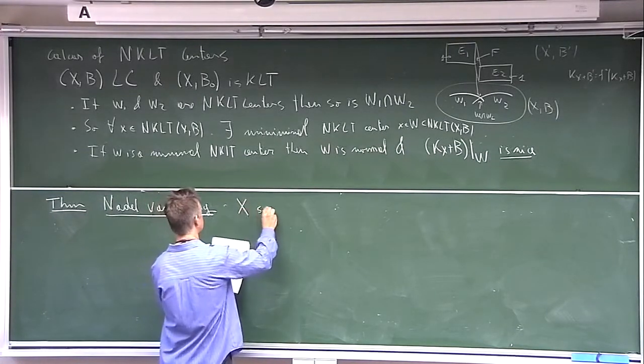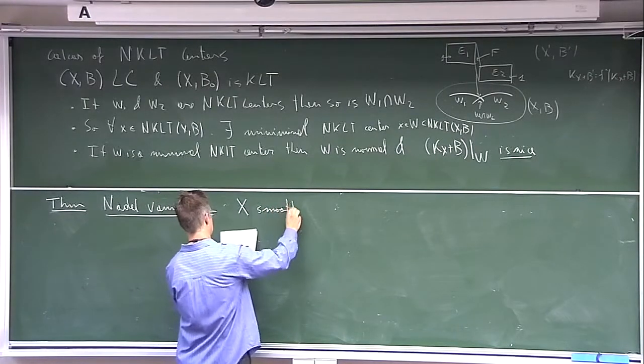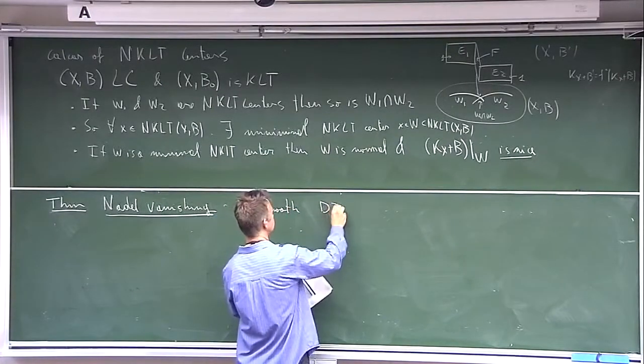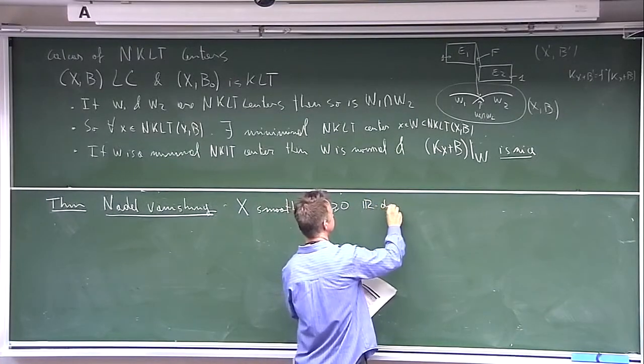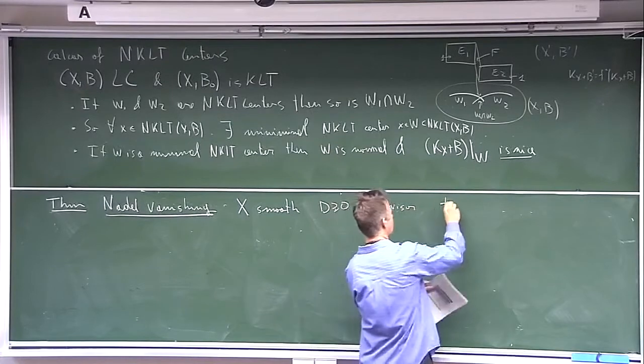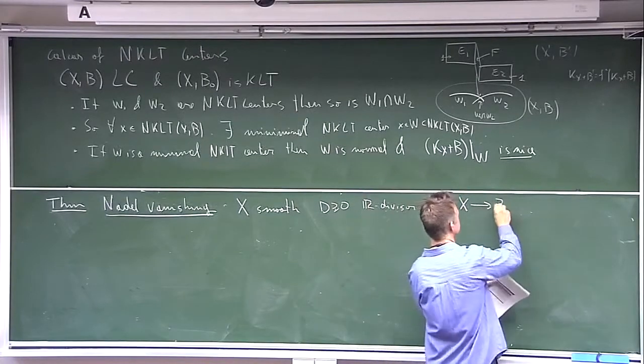So X is going to be smooth. D will be some effective R-Cartier divisor, R-divisor. F will be a projective morphism.